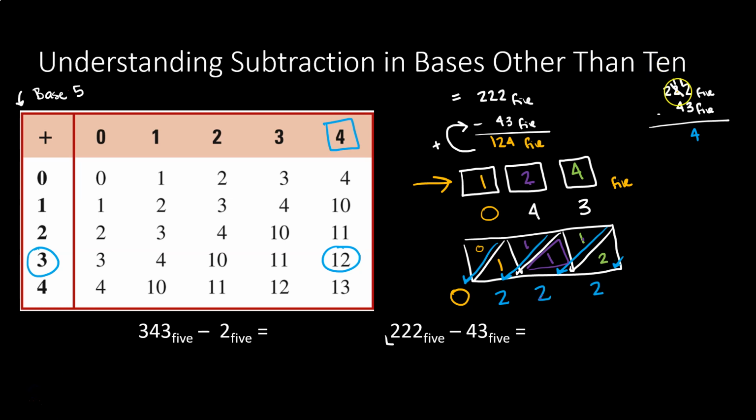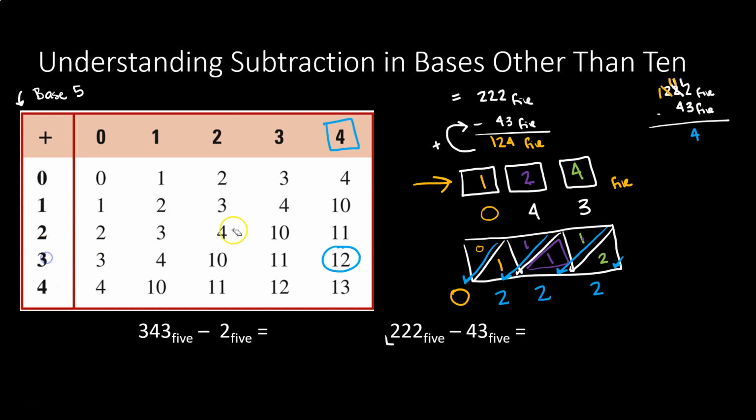Unfortunately, that one requires us to borrow as well because we have 1 minus 4. So we have to regroup, going over to the next place value, reducing that by 1, and then regrouping so that in my group of 5 place value, I now have 1, 1 minus 4.